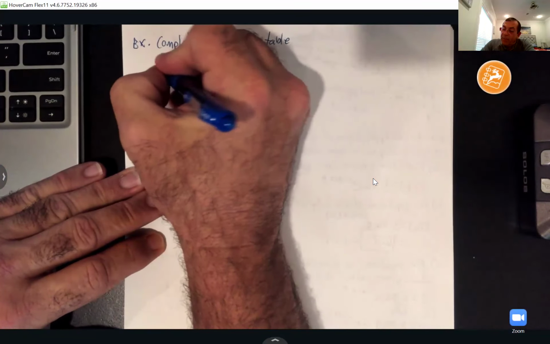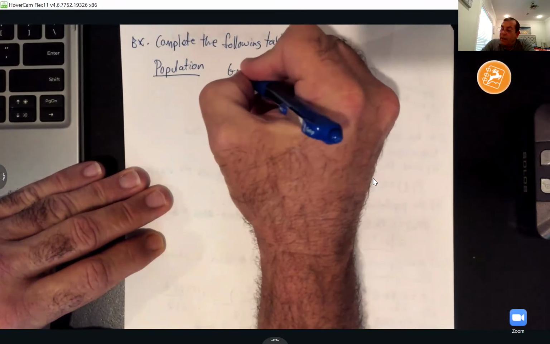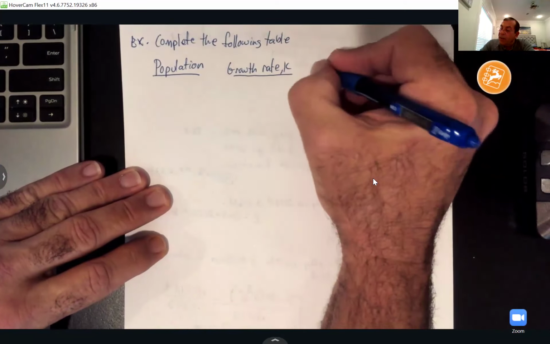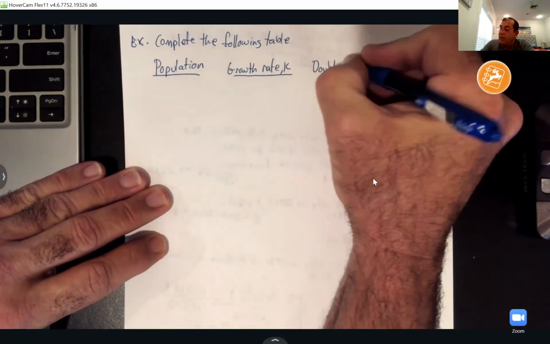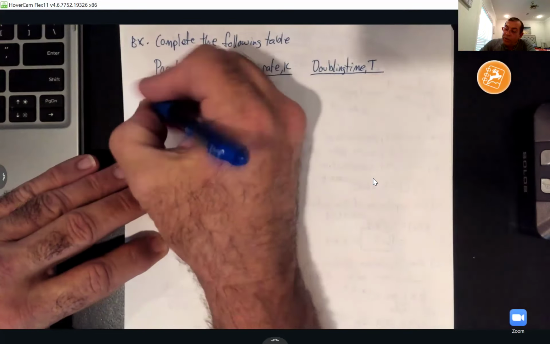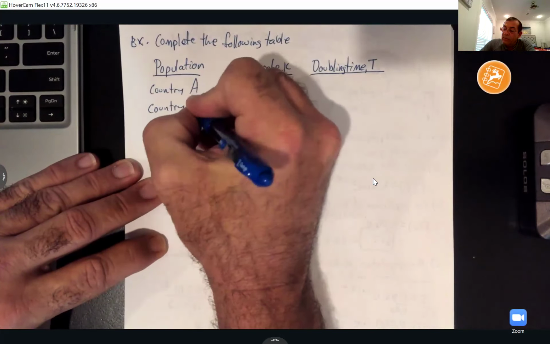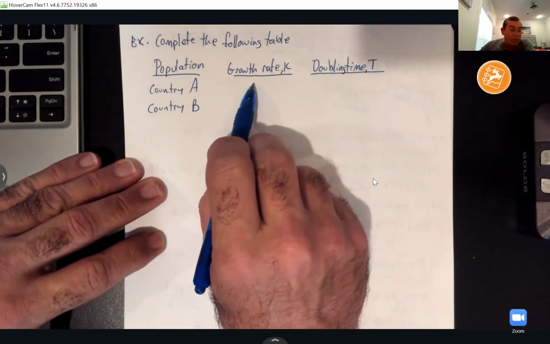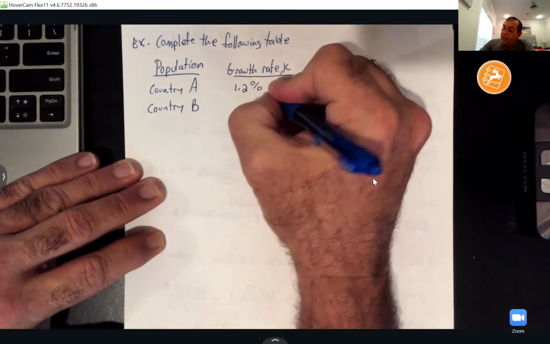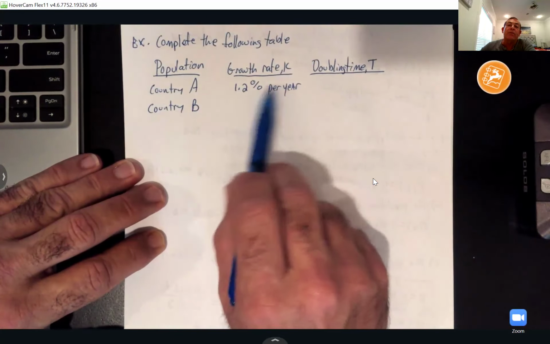They have 3 columns: population, growth rate, K, and then doubling time, T. All right, so for the population, there are 2 countries, country A and country B. Now for country A, they gave me its growth rate was 1.2% per year, which means when I find the growth rate of country B, it's going to have to be in percent.